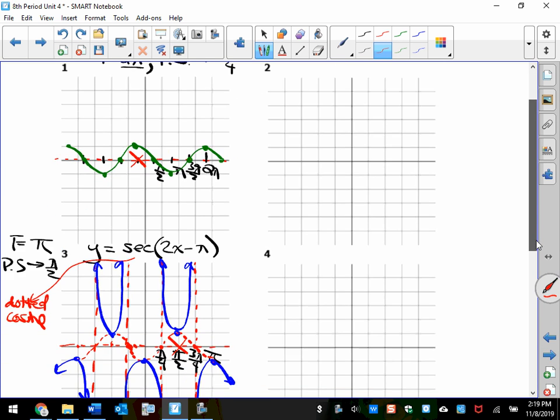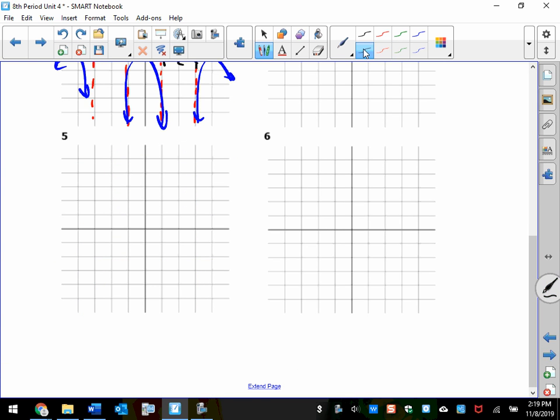So this one here was 3 sine 2x minus pi plus 1. The period we calculated to be pi, and the phase shift was pi over 2. Just like before, we want to go to where the old period, 2 pi, used to be the period of sine.